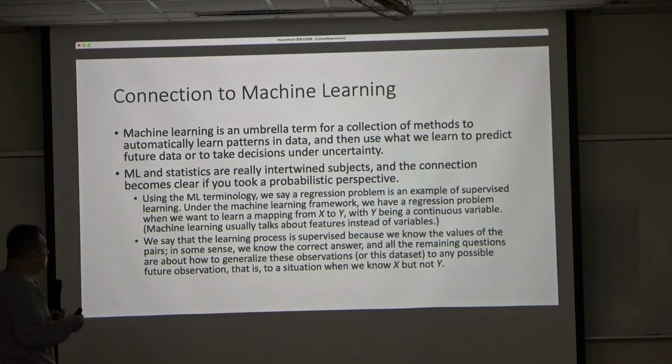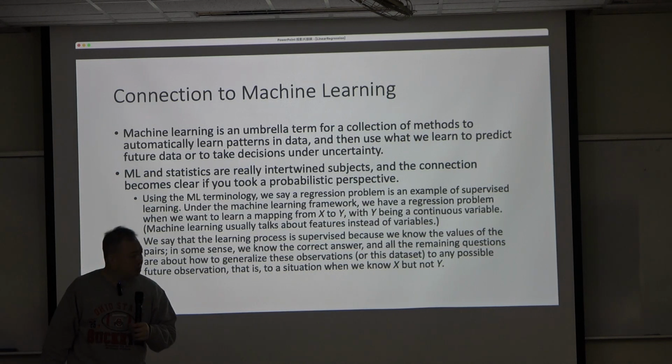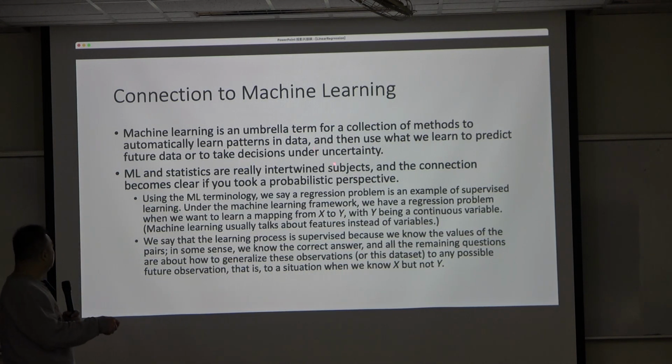And if you use that general definition, machine learning and statistics are very intertwined subjects. They influence each other actually. The connection becomes clear if you take a probabilistic perspective.